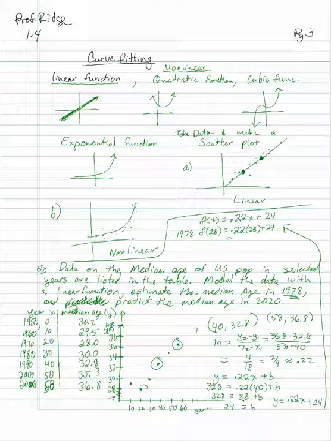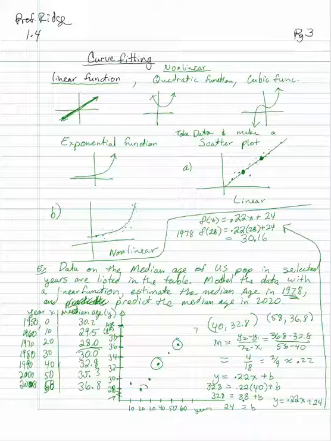And I get 30.16. Which seems reasonable, because 78 is close to 80, and you see the median age was 30. We'd get different answers depending on which points we used, but I'm comfortable with that one.